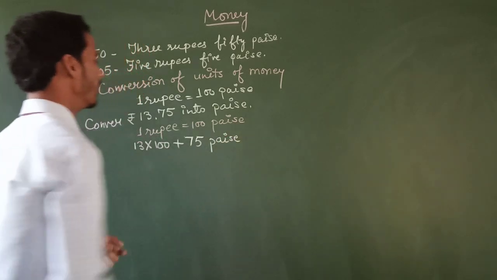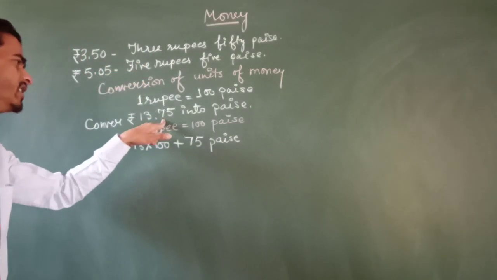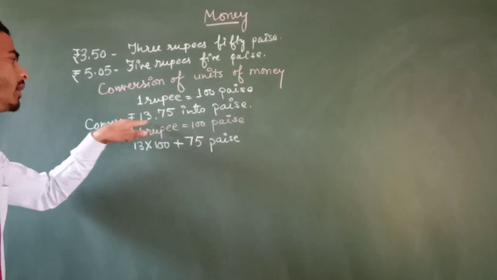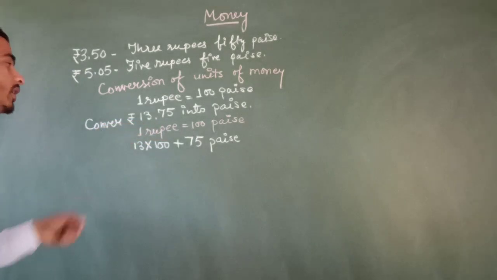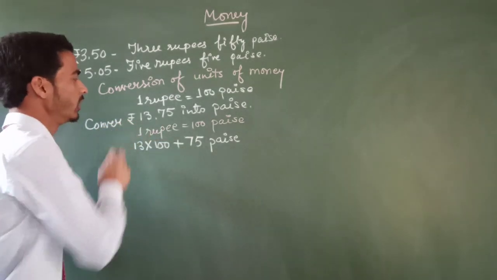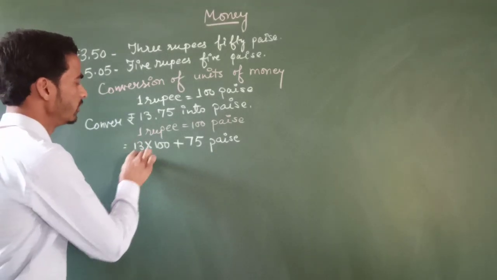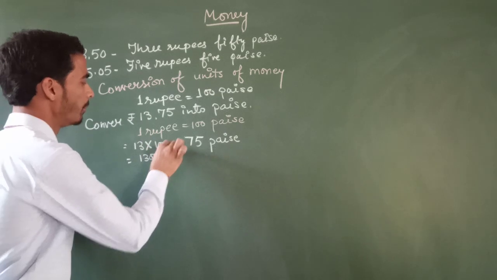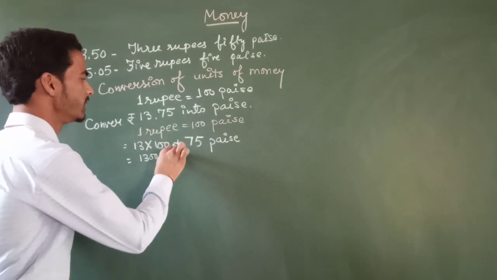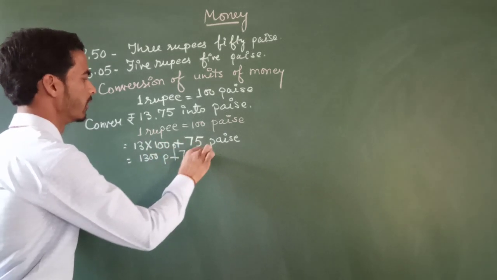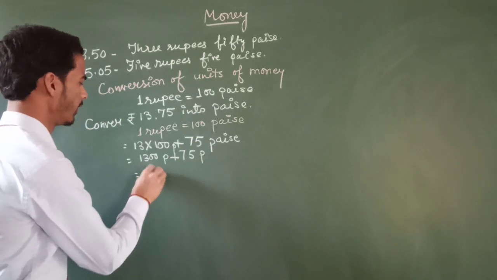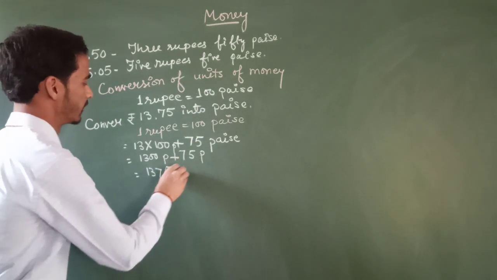We know that the part after the decimal is the paise part, and the amount before the decimal is rupees. So that will be 1300 paise plus 75 paise, which is equal to 1375 paise.